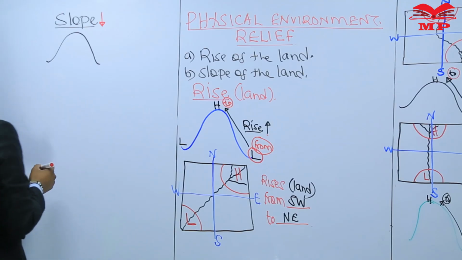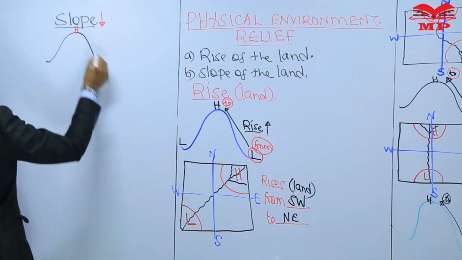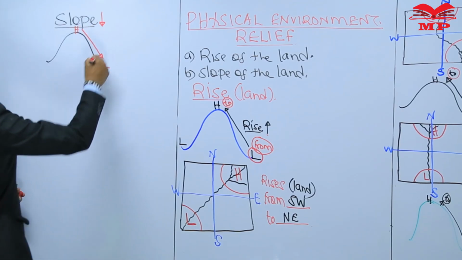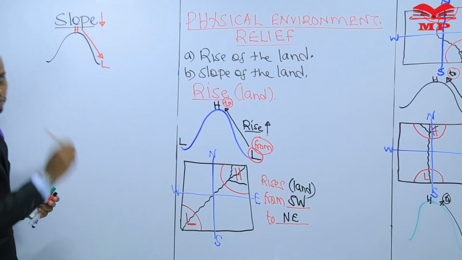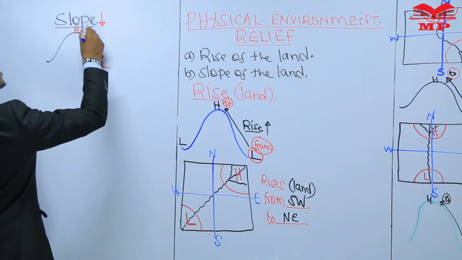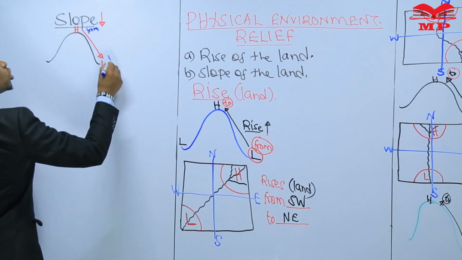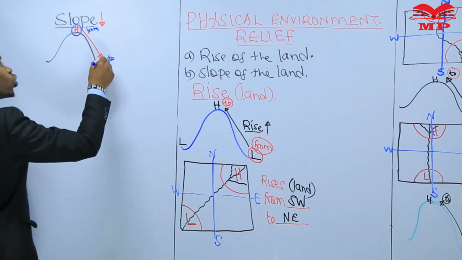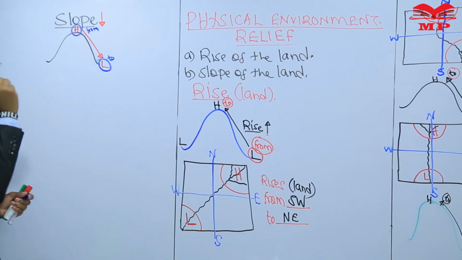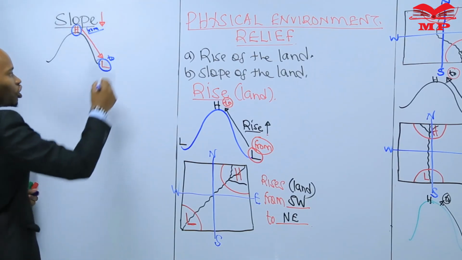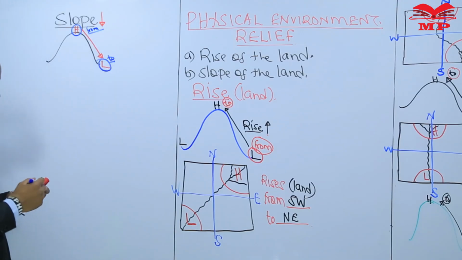So this time round, this is highland, this is lowland, we are sloping, we are going down, we are descending. Now, the words will change. We are sloping from highland to lowland. That is the key point to note, that we slope from highland to lowland.